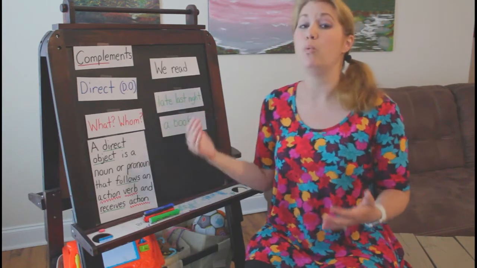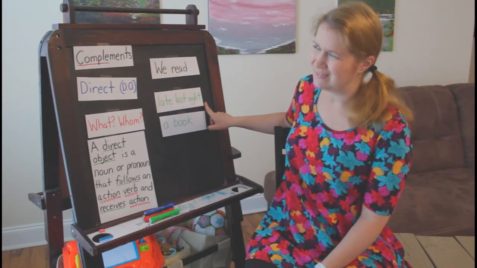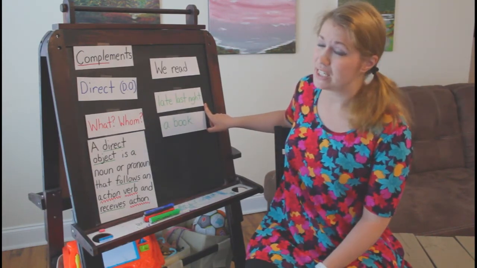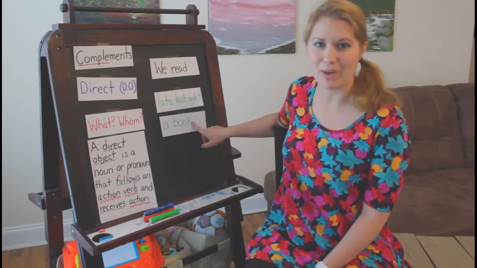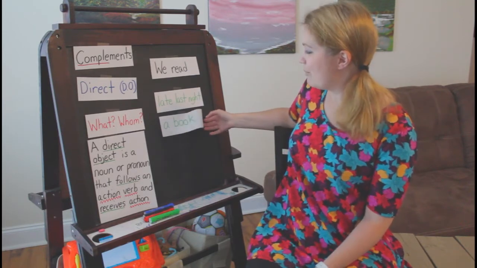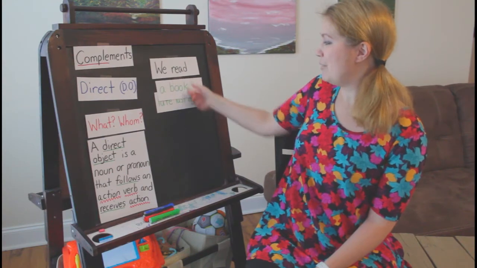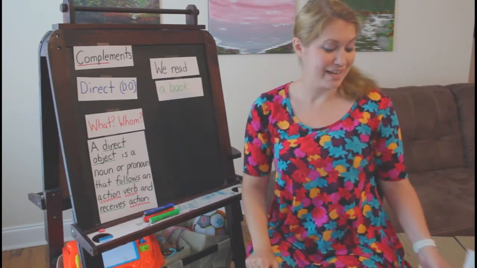We read what? We read late last night. No, that one kind of answers the question when, not what. We read a book. That answers the question what. We read what? A book. So that will make our sentence complete. We read a book. This one will be our direct object.